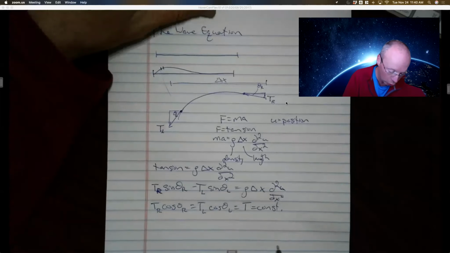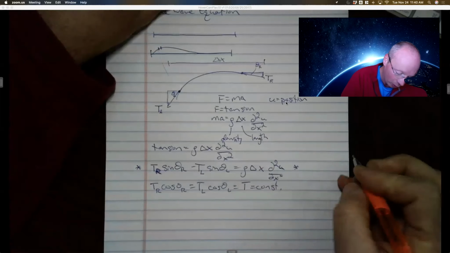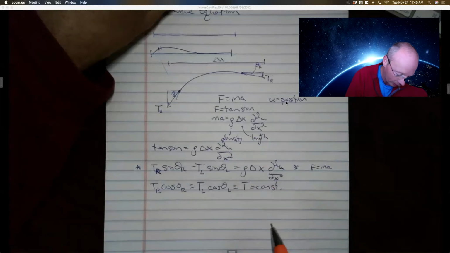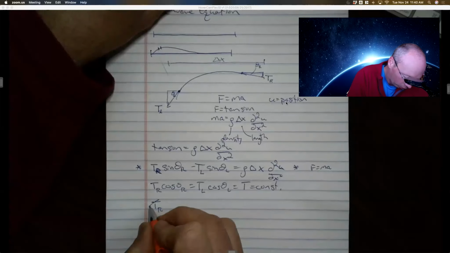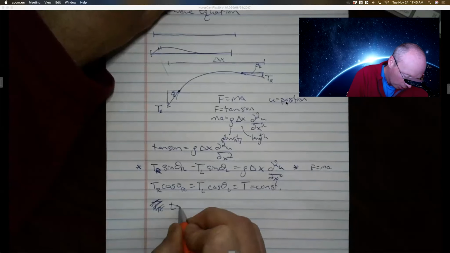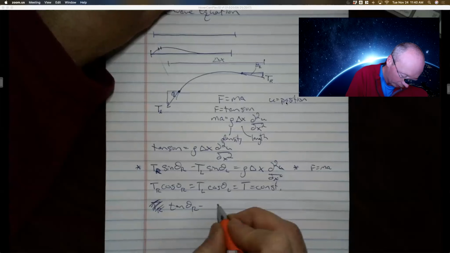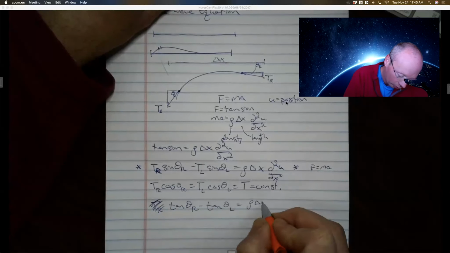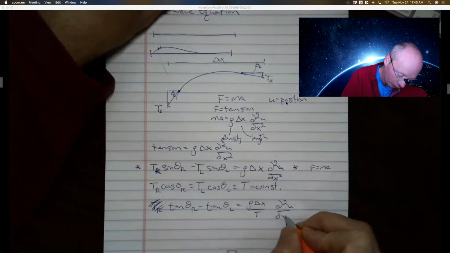Now I can take my first equation, which is really F equals ma, Newton's second law, and divide through by my constant tension. I can have tangent of theta R minus tangent of theta L equal to rho delta x over the constant T times the acceleration.